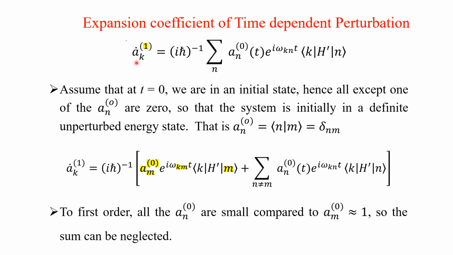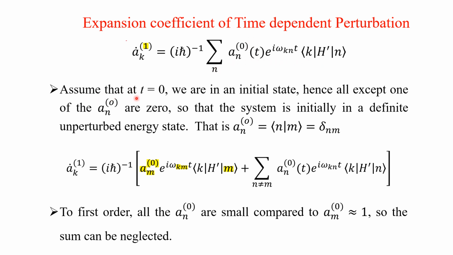So we got this expression: ak dot 1 is equal to i h cross inverse summation over n, an 0, which is a function of t, e power i omega kn t, bra k h prime ket n. This is the final expression we got. Here, see, n is a running index. So an 0 can be a1 0, a2 0, a3 0, and it will go up to n.